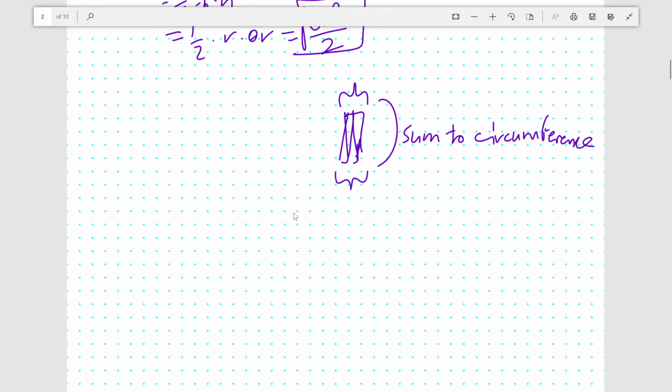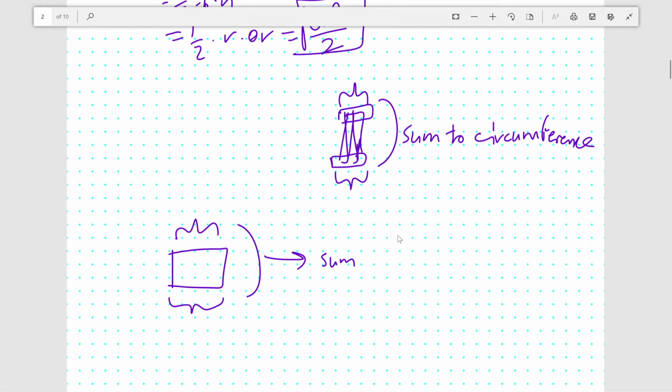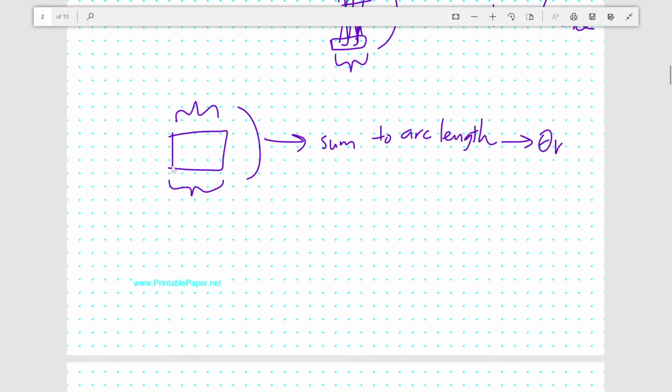And if we look at a sector, we know that since this is just the outside bit, and these are just made of the outside bits of the circle, we can say that such a rectangle now, they would approach summing to arc length, which would be theta r. So since these sides of the rectangle will sum to arc length theta r, each one must be theta r over 2.